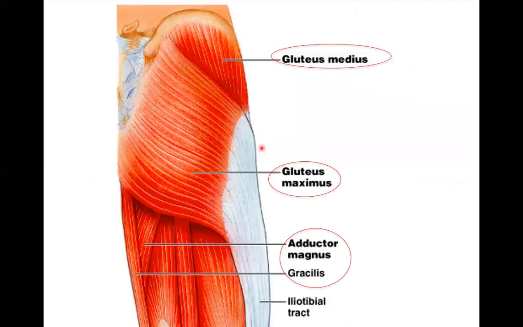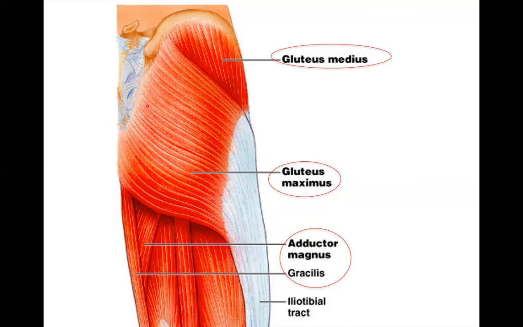Now moving down to your leg. This picture is depicting the muscles on the posterior aspect of the lower limb. To orient yourself, here is your ilium, which is basically the superior part of your os coxa. Right here would be your sacrum and your coccyx bones.